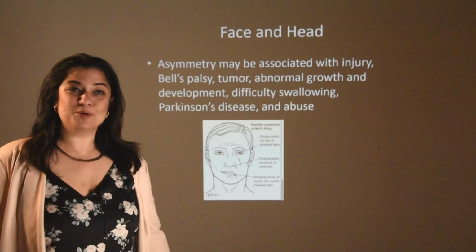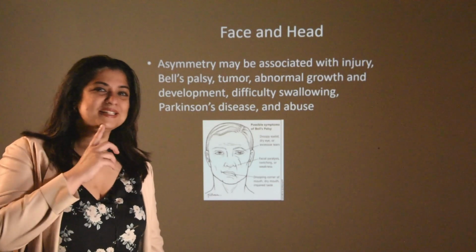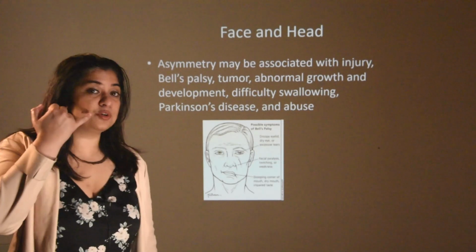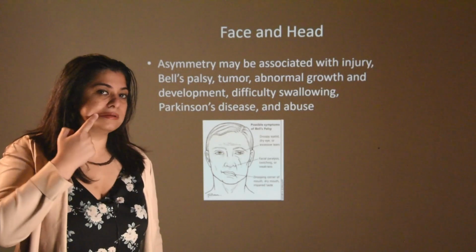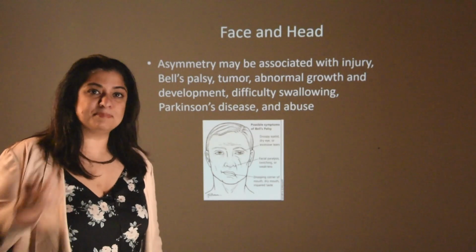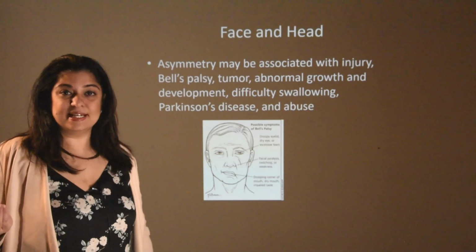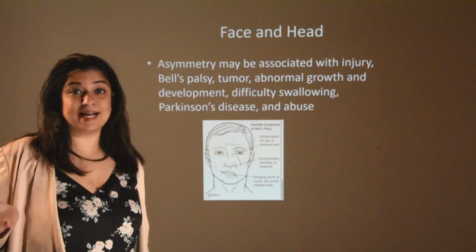Asymmetry. I'm sure you guys have watched celebrities and you often notice, oh, his chin is a little bit off. That's what I mean by asymmetry. But you also notice sometimes a patient comes in and they have a slight droop right here. This goes this way. That happens when you have Bell's palsy. What is Bell's palsy? It is injury to the facial nerve. And how does that happen?